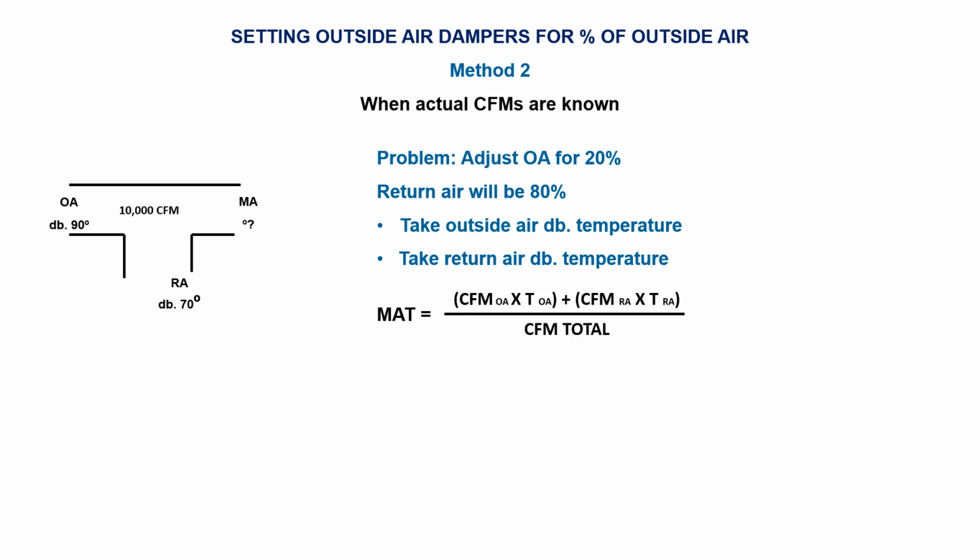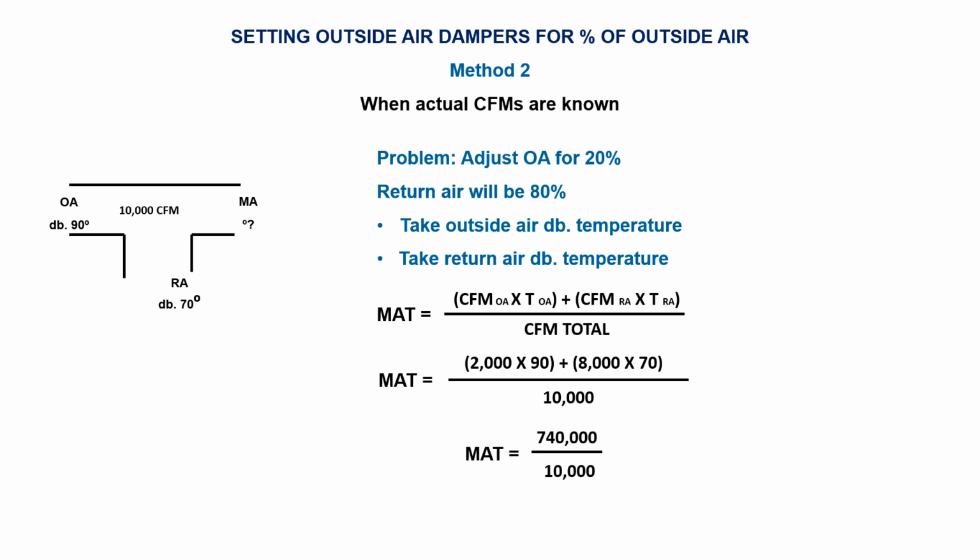The formula is: mixed air temperature is equal to the CFMs of the outdoor air times the temperature of the outdoor air plus the CFMs of the return air times the temperature of the return air divided by the CFM total, which relates to the mixed air temperature being 2,000 times 90 plus 8,000 times 70 divided by 10,000.